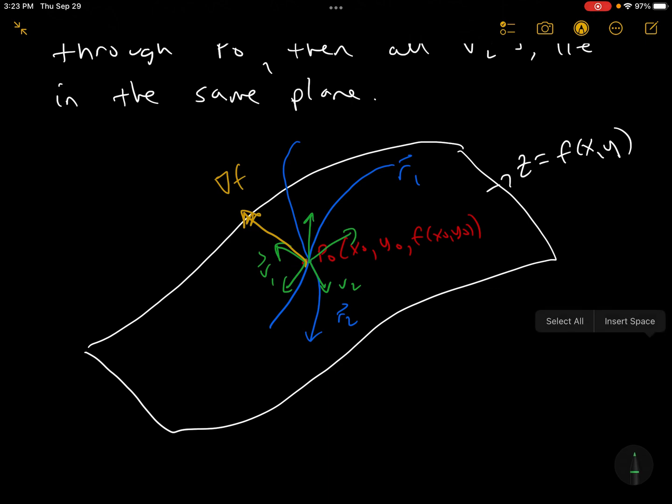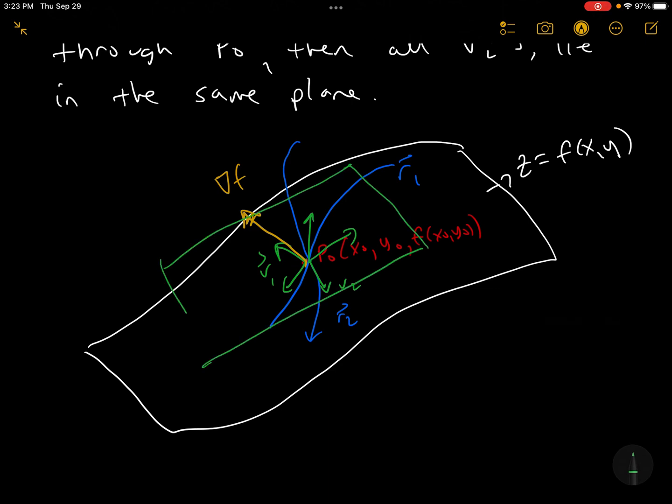And so now what we have is this green plane of tangent vectors at this point P naught. And this del f is orthogonal to all of them, so it acts as the normal. So del f is normal to the tangent plane.